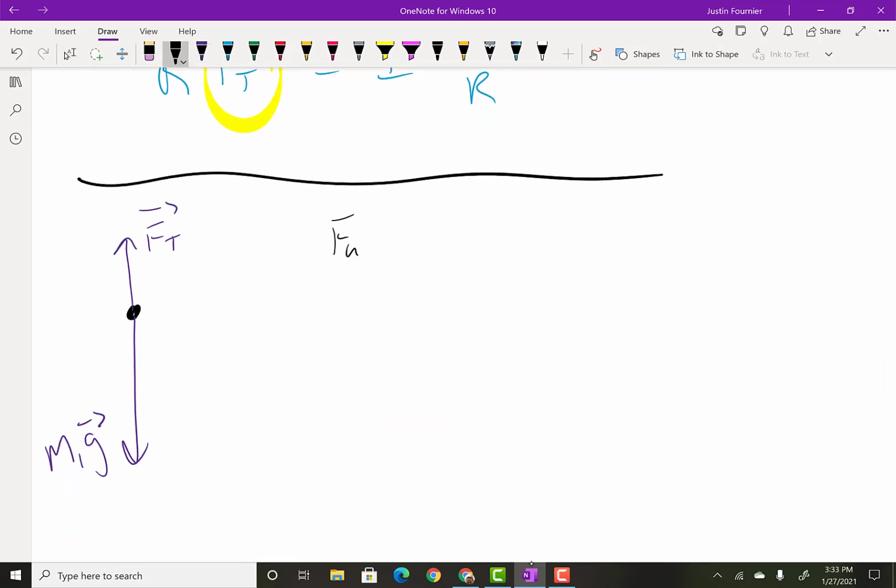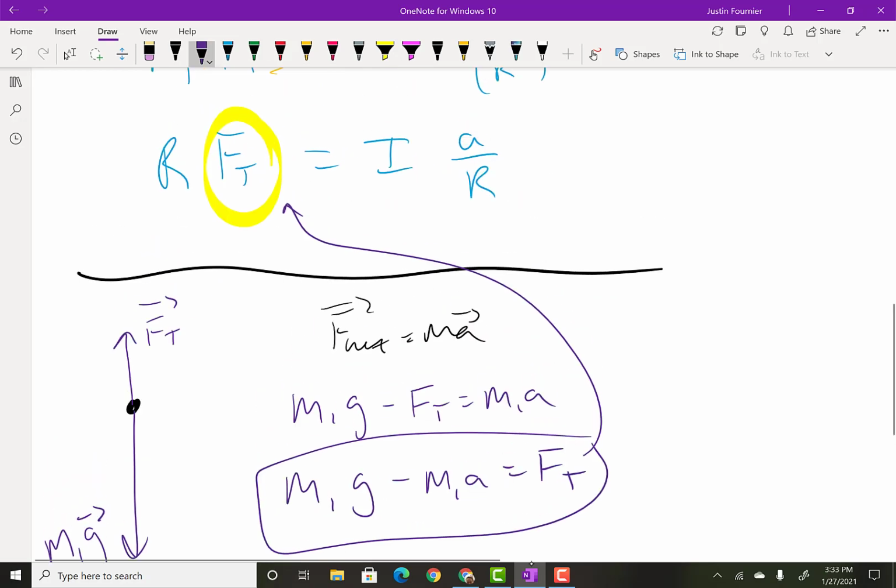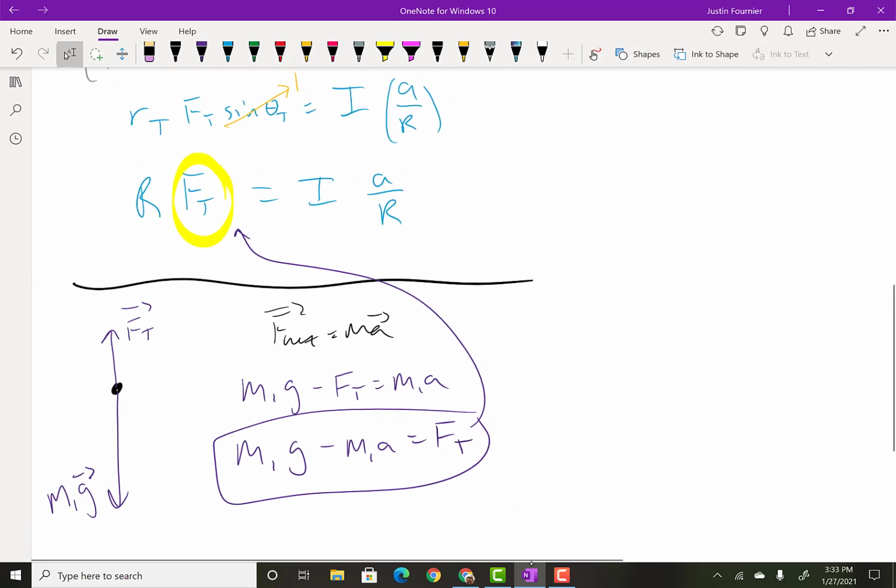So now using F net equals ma, m1 g minus the tension force equals m1 a. So my tension force is equal to this, and now I can plug it in for my tension force. Where is that going to get me?